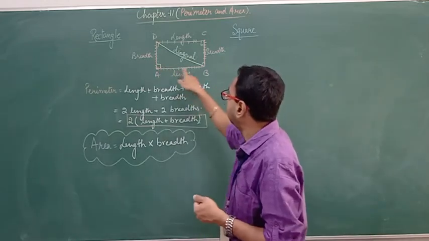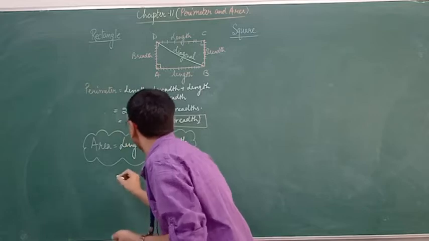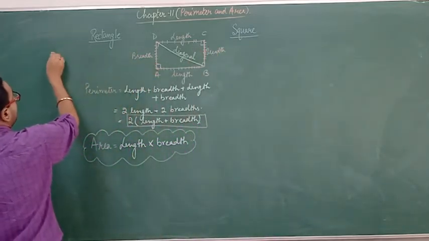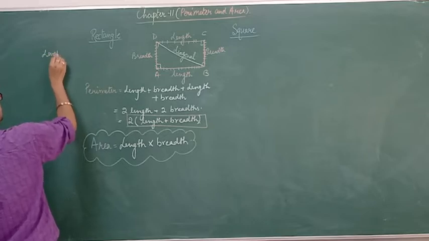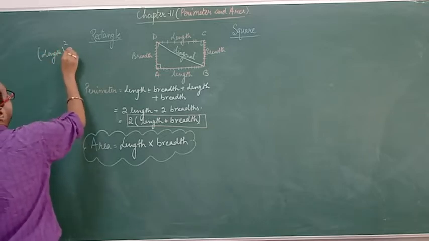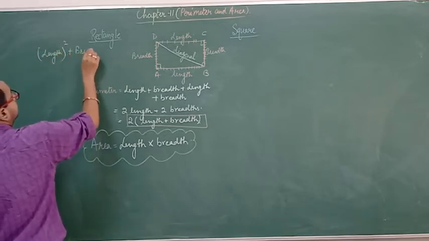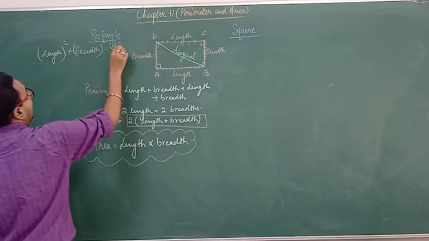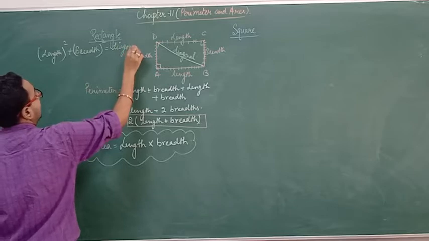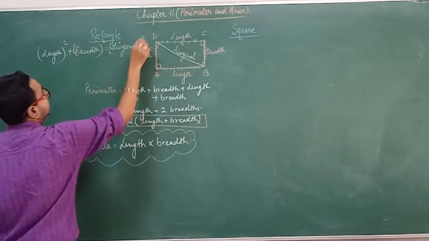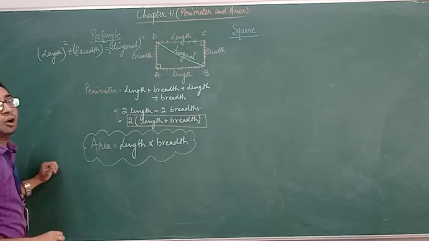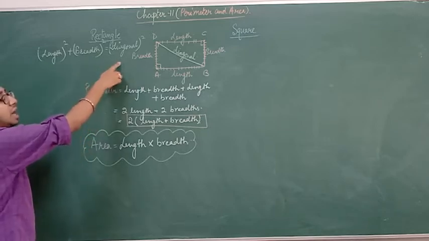So if I apply Pythagoras theorem, length square means base square plus breadth square means perpendicular square is equal to hypotenuse square. Here it is the diagonal in the case of a rectangle, but in case of a triangle we call it hypotenuse.